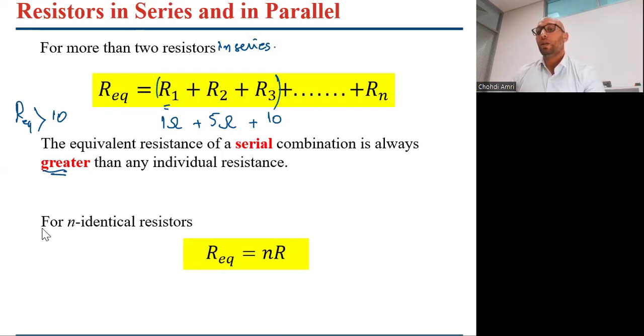In general, the equivalent resistance in a series combination is the sum of R1, R2, R3, and so on. If we have n identical resistors, R equivalent in the series combination will be n, the number of resistors, multiplied by the resistance. That's all for the series combination.